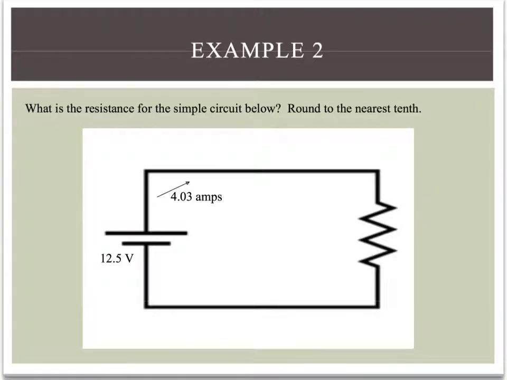Please pause the video one more time and solve this example. What are we looking for? Determine that. Decide if you're using E, A, R, or I and come up with the formula. For this problem, we're given the amperage of 4.03 amps and a voltage of 12.5 volts.